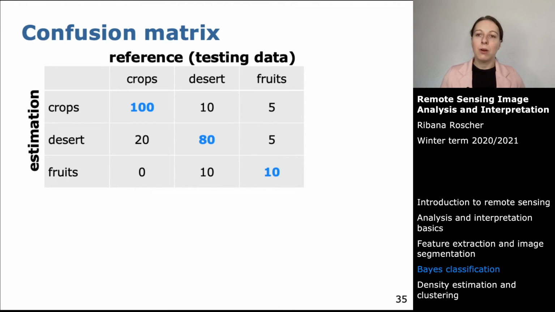And coming back to our example of crops, desert, and fruits, you have three classes. So you have 9 values in this confusion matrix. And the diagonal is exactly all these samples which were correctly classified. And imagine for now, you counted how often all these specific combinations occur, and you put them in this matrix.